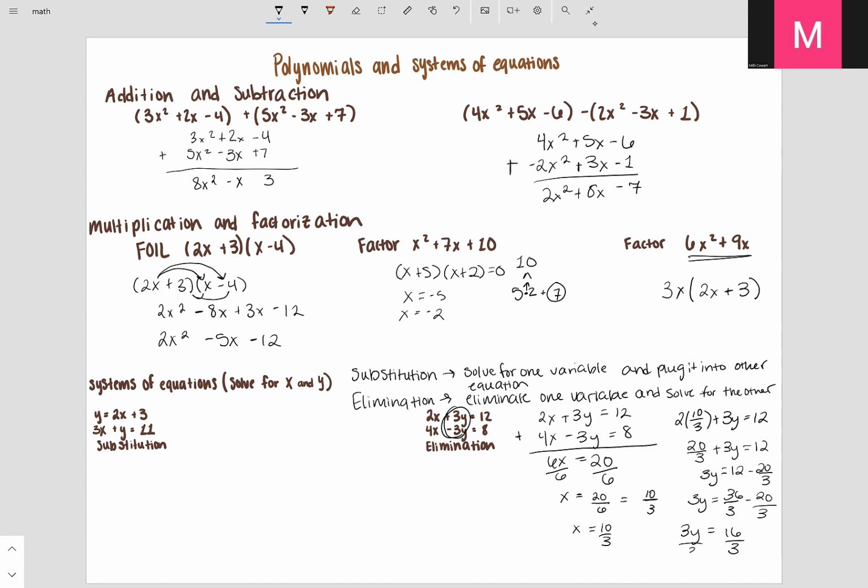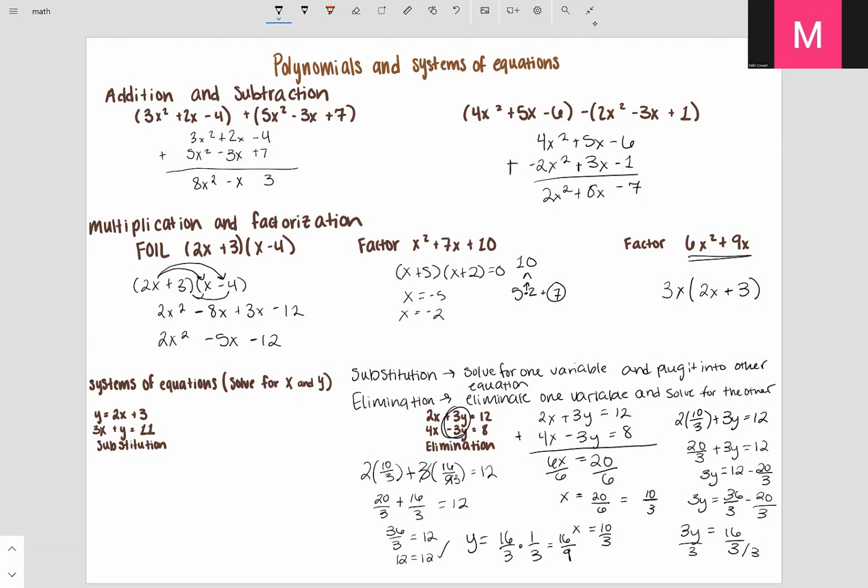So then we'll divide by 3, divide by 3. So we have y equals 16 over 3 times 1 over 3. So that equals 16 over 9. And that is non-reducible. There we go.